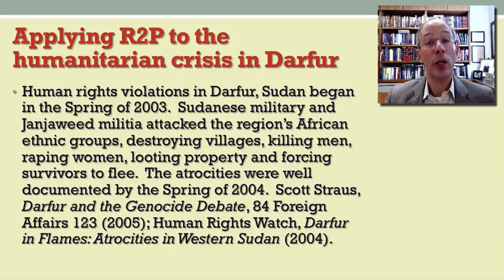These were quite well known by the spring of 2004. So how did the international community, in specific the UN Security Council, respond to this? And was this response adequate?